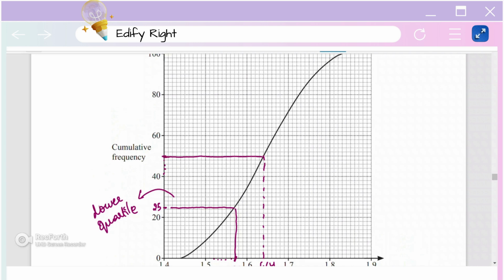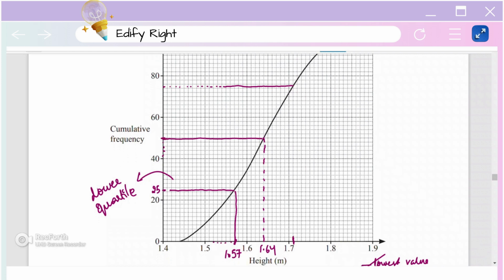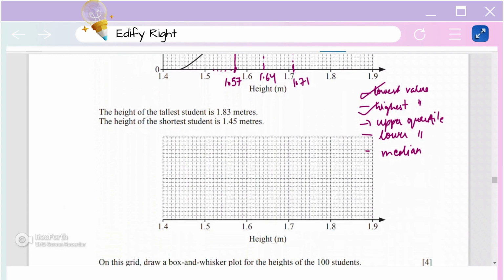So 75 would be somewhere over here. Alright, 1.71. That's it. We got our values for each of these. Now we just have to use these values and draw the box and whisker. So on the extreme left, you have the shortest student, which is 1.45.